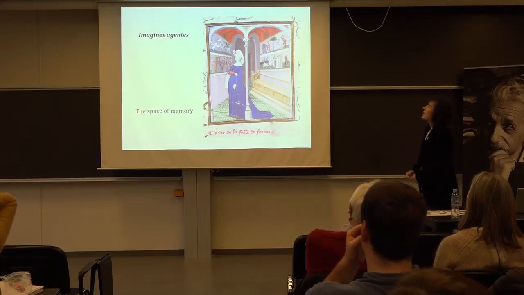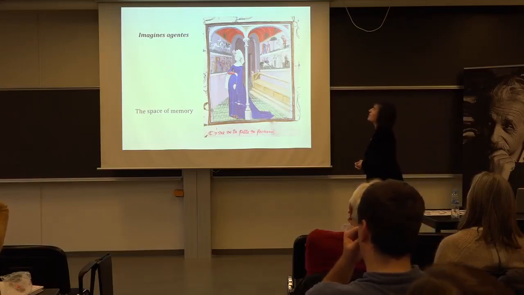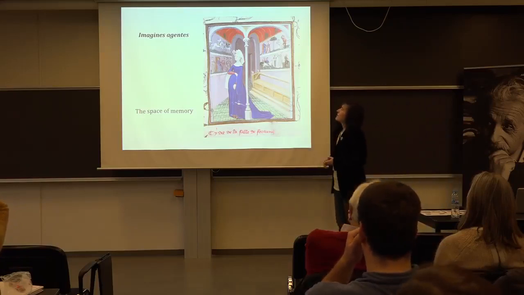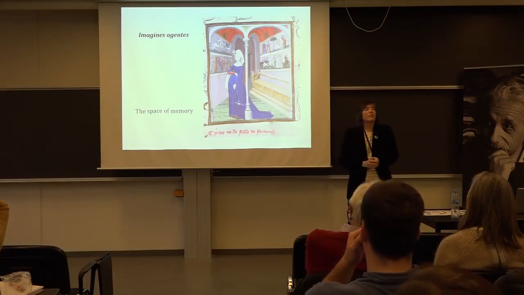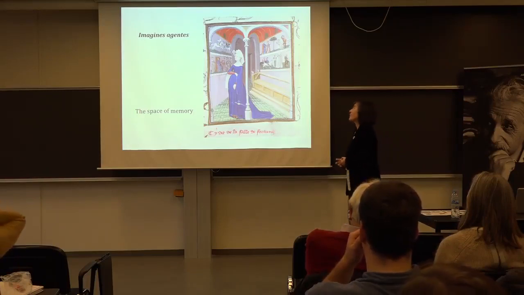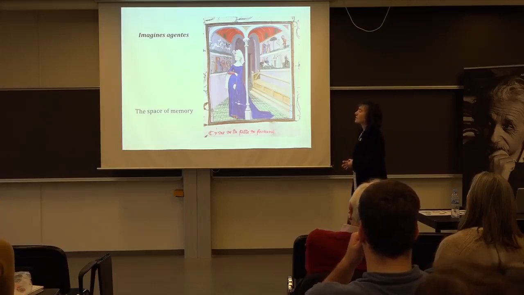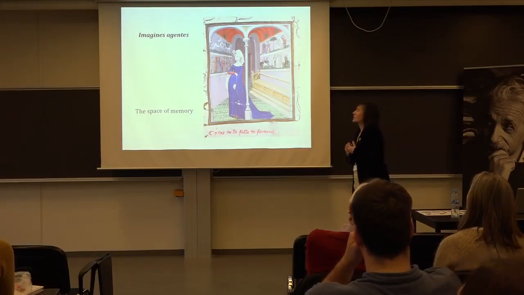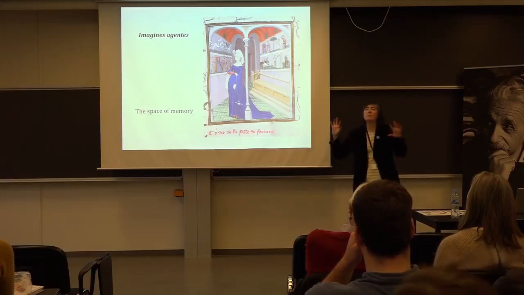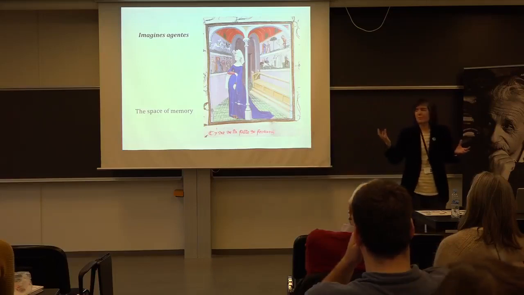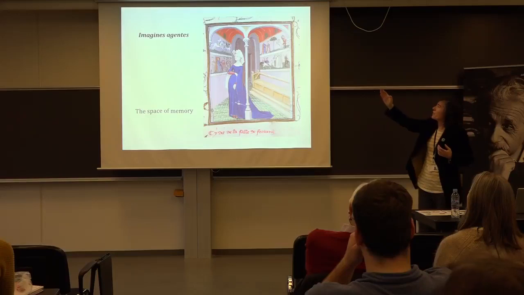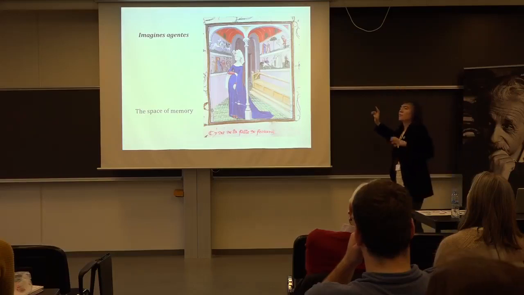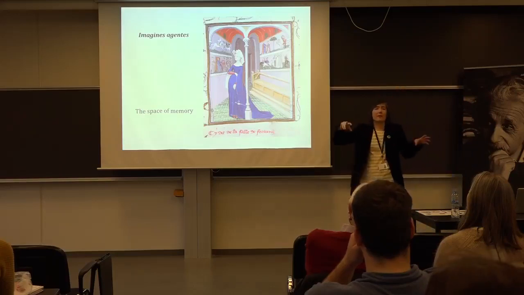And in this sense, I would like to show you this image. She is Christine de Pizan, one of the most famous female writers of the Middle Ages. And in her poem about the Wheel of Fortune, she starts by placing herself in what she calls the salle de fortune, the room of fortune, where a lot of images cover the walls with the most memorable deeds of the past.